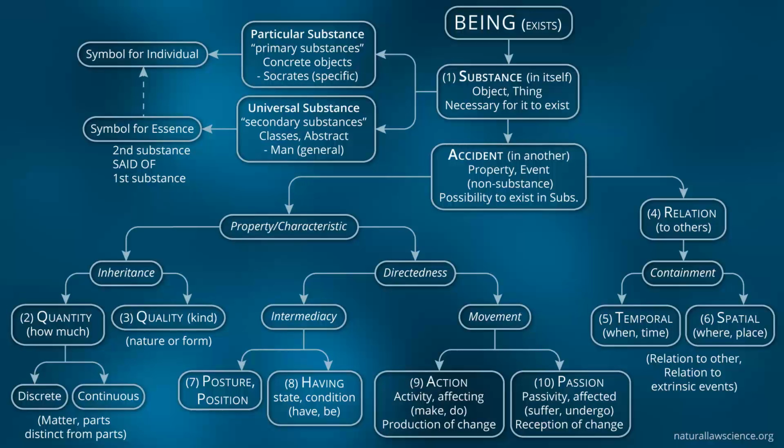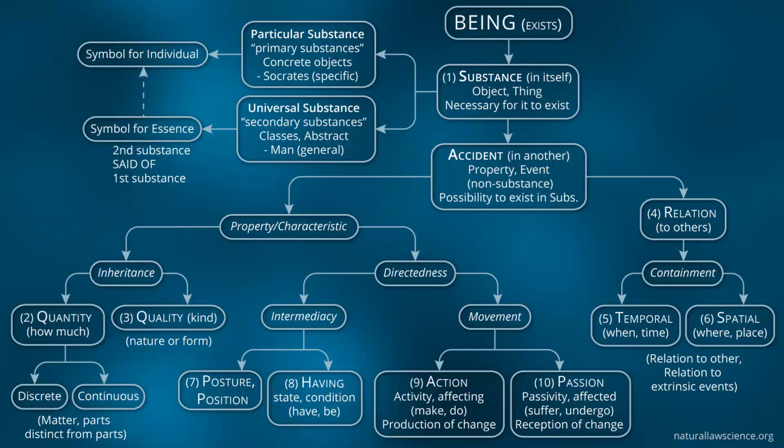So from being, things that exist, the first most important thing is the substance, which is anything that exists in itself. It's an object, a thing necessary for something to exist. In substances, there's 2 different kinds, the particular substance and the universal substance. The particular substance is the primary substance.